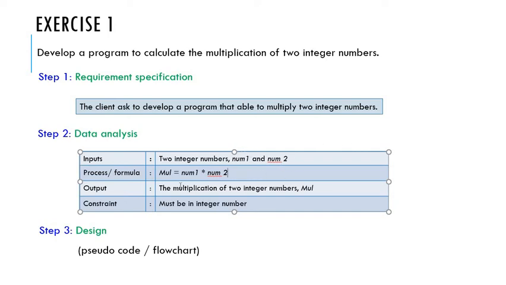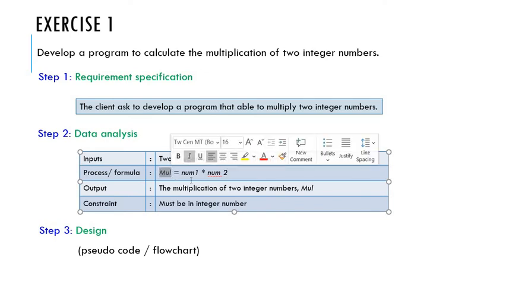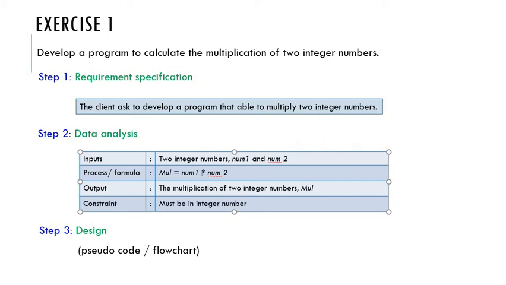Then you have to identify the formula. For the formula, I create one more variable to save the answer. This one is mul. You can put any name. mul is equal to num1 multiplied by num2. This is the formula. And what is the expected output?